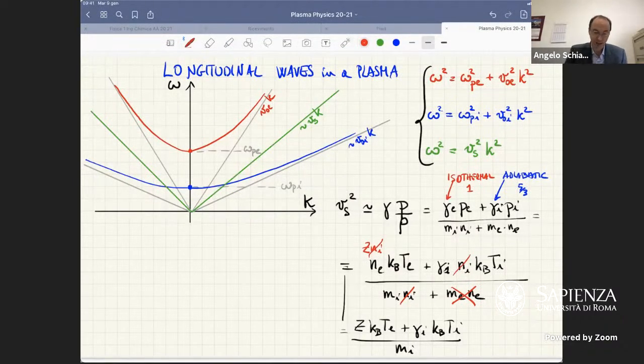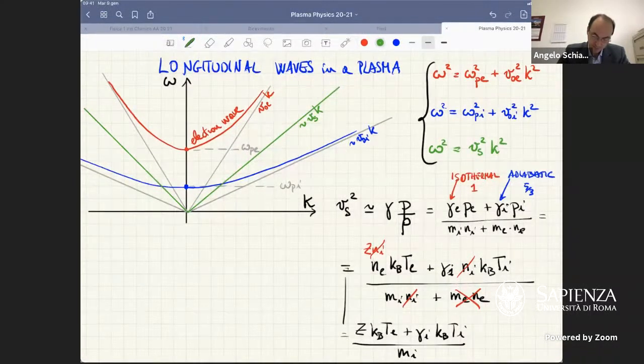And we have the electron wave. We have the sound or the acoustic wave. And we have the ion wave.